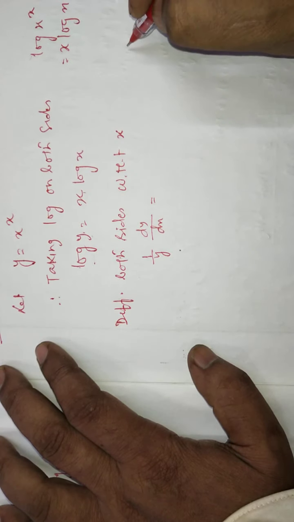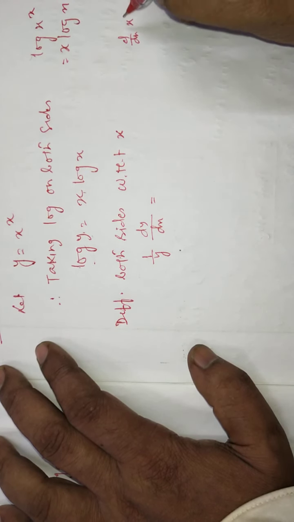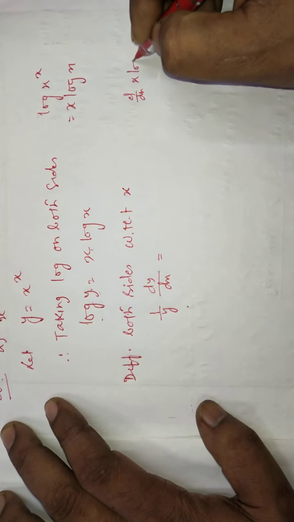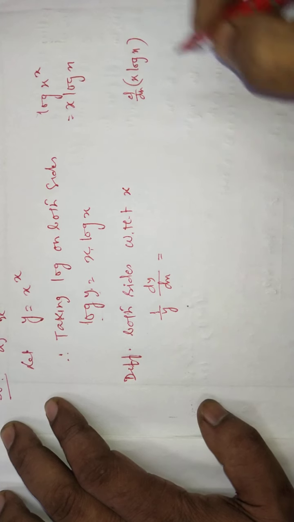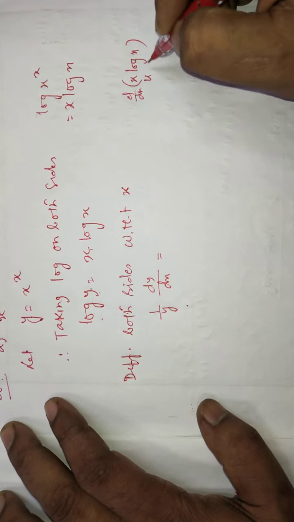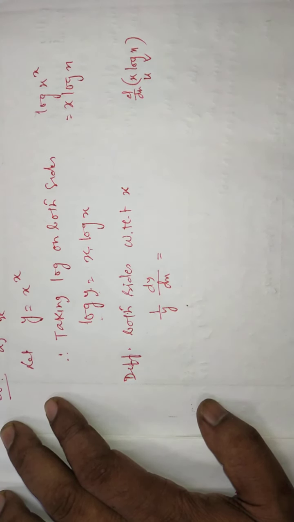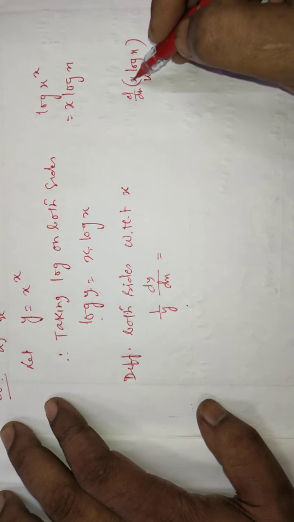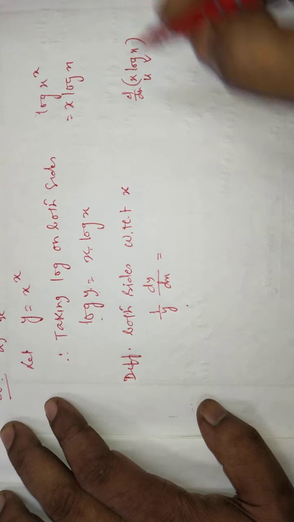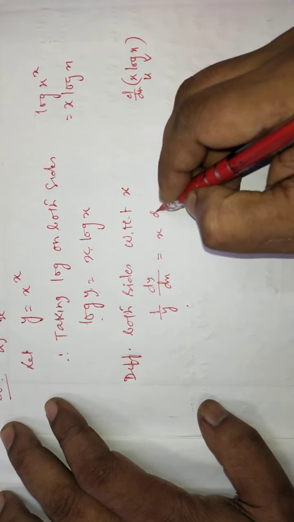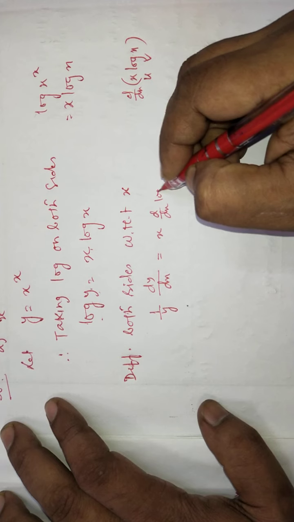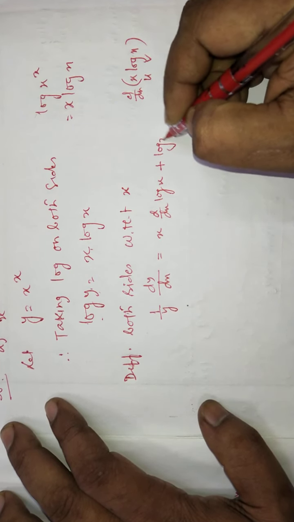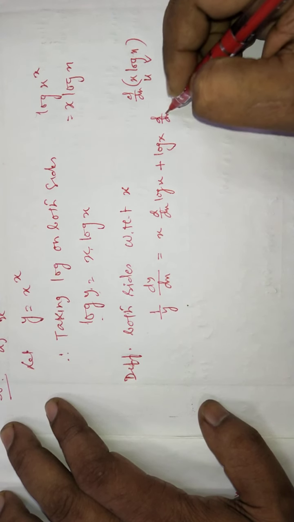Here you are going to find d/dx of x into log x. So in such a problem, you have to apply the formula for u into v. What is the formula? u into d/dx of v plus v into d/dx of u, where u is x, v is log x. So applying this, x into d/dx of log x plus log x into d/dx of x.